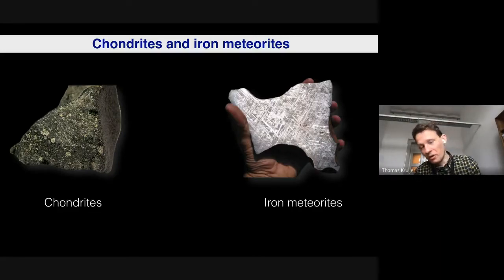And an important class of such meteorites that I will discuss today are iron meteorites. And these are metallic meteorites that are thought to stem from protoplanetary cores. So these are actually the only known samples that we have that stem from the core of a body. And in that sense, they're very important for studying core processes and the evolution even of the Earth's core.